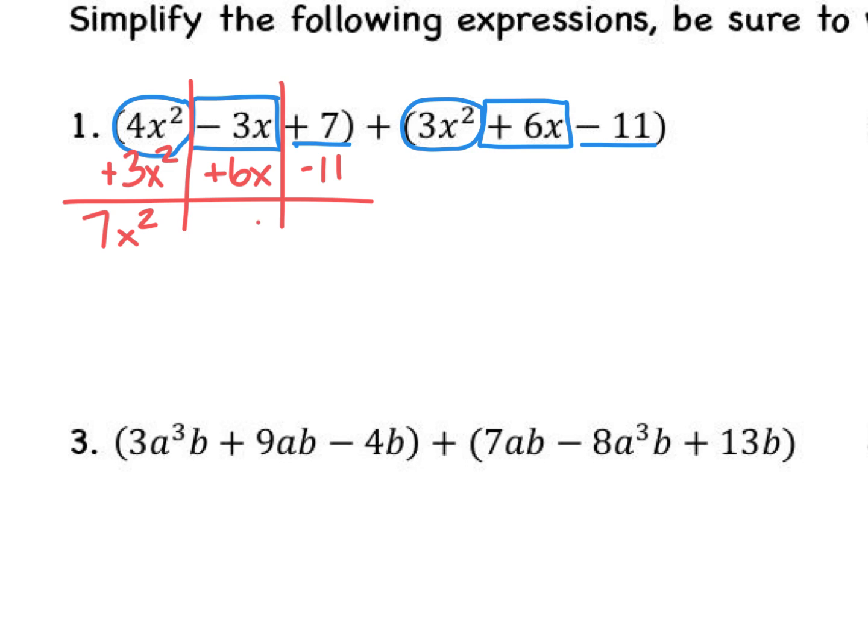What do we get there? Positive 3x. And we need to make sure we put that plus in front of it. We have to have a sign that connects everything. And then 7 minus 11, or a positive 7 and a negative 11, is a negative 4. And now we only have one of each letter, so we're finished.